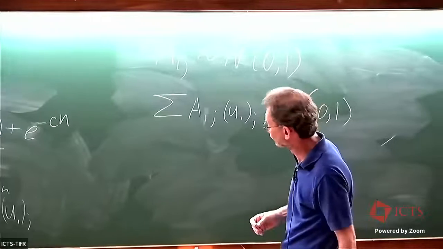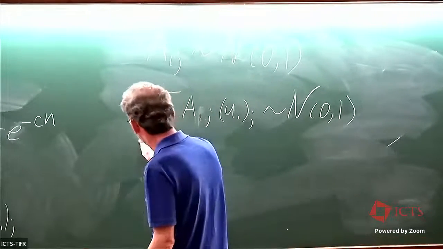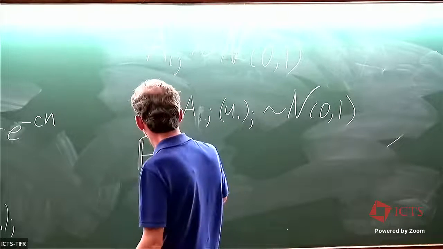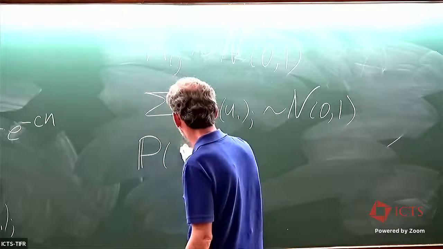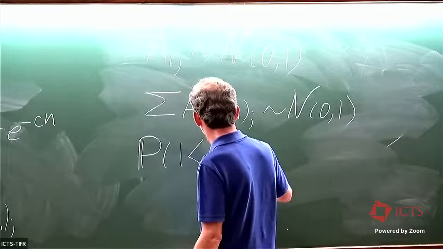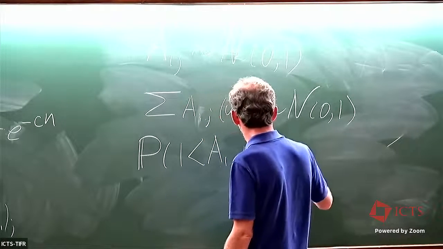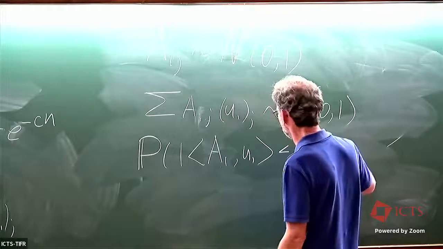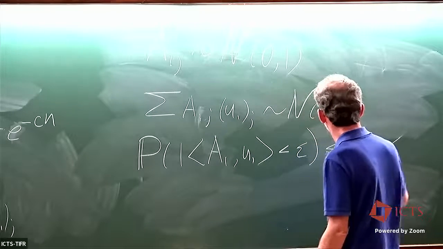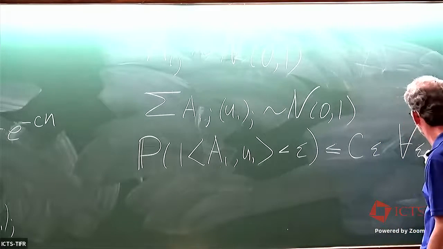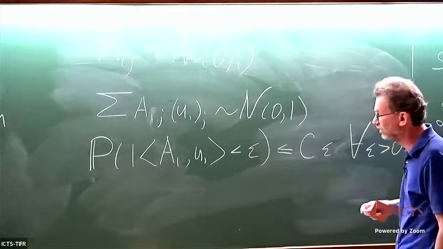Perfect. So in this case, we can say that the probability that the inner product is less than epsilon is less or equal than epsilon, for all epsilon greater than 0.